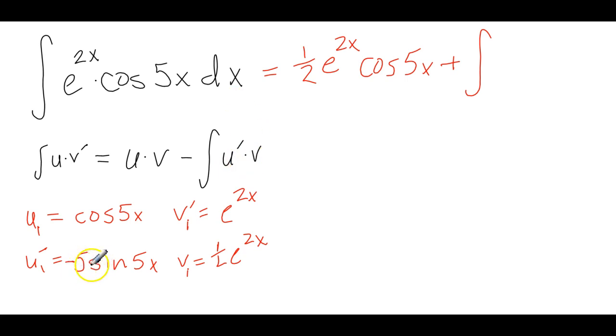I'm going to stick this 5 and this 1/2 outside of the integral. The 5, the 1/2 and the negative are all outside the integral. So it'll just be e to the 2x times the sine of 5x dx. So there is my new integral.